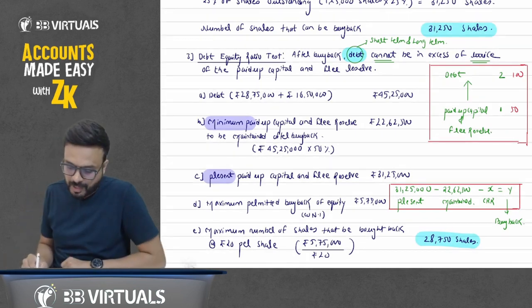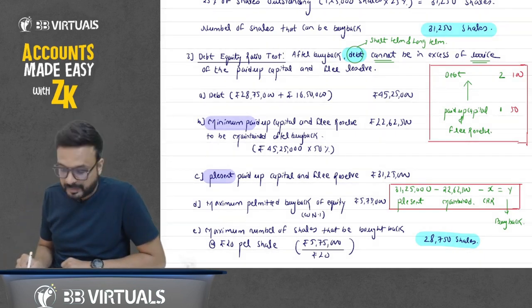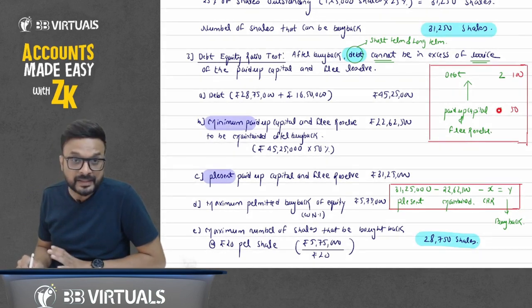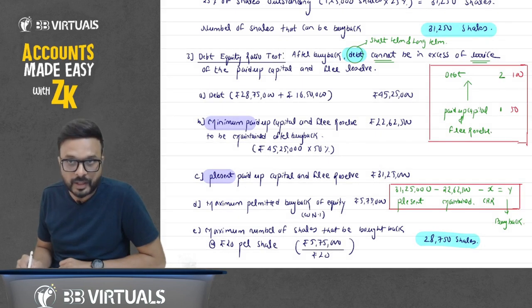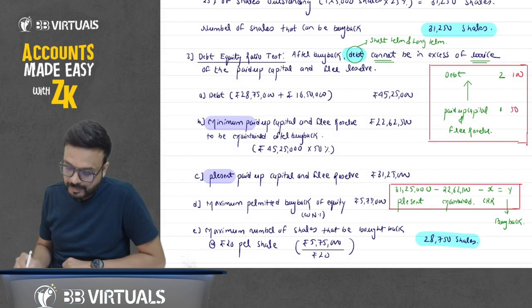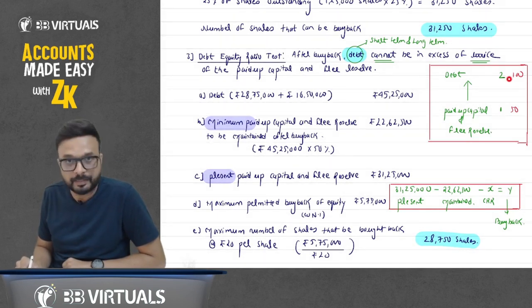If paid up capital and free reserve is 1, how much maximum should your debt be? 2. So can I say your paid up capital and free reserve is 50% of debt? Yes, this 1 is 50% of 2.